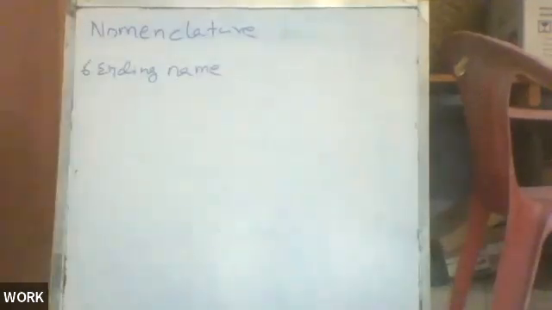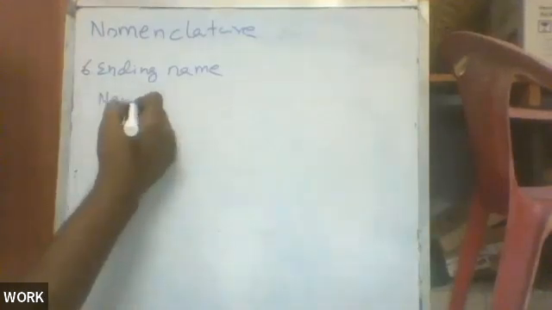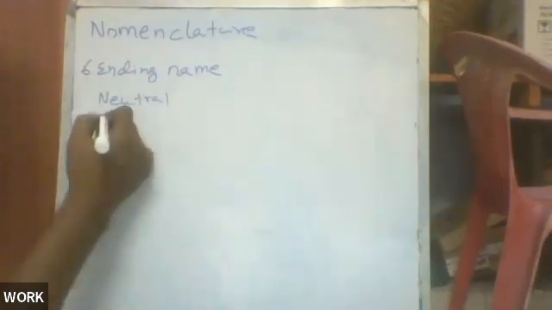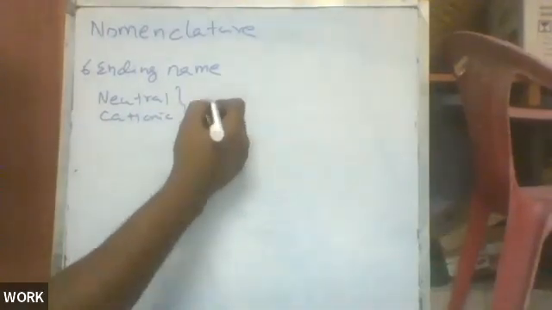So, the ending of the name: if the complex is neutral or cationic, there is no change in the name.